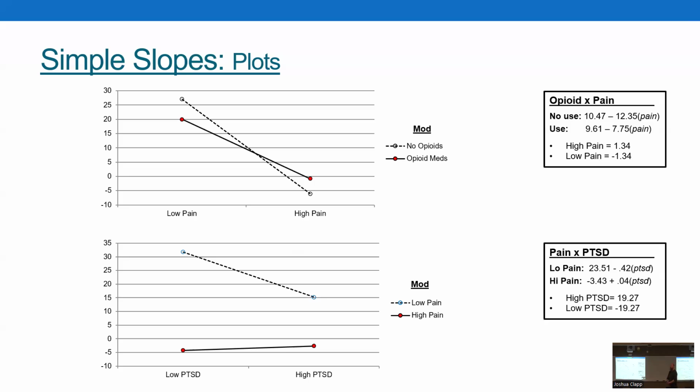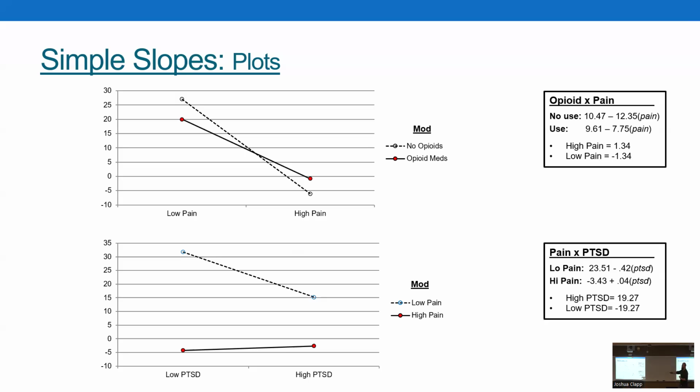So is their level of pain still related to functioning? Yep, it sure is. But it's less tightly connected than for people who are not using pain medication, right? If I'm an advocate for opiate medications, I would probably be pretty jazzed about this. I'm like, all right, it's not fixing everything, but it's making things a little bit better, I guess. At least there's not such a strong relation between pain and outcomes here, okay?